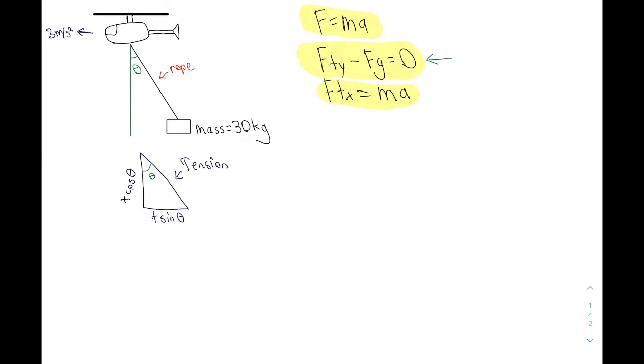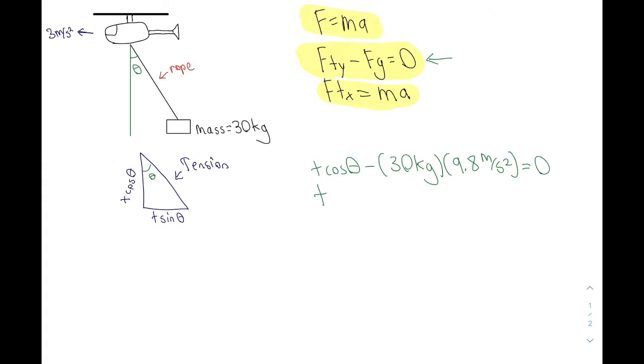So F of T y is an unknown. That will be T cosine theta minus the force of gravity, which is just 30 times 9.8 meters per second squared, which is all equal to 0.